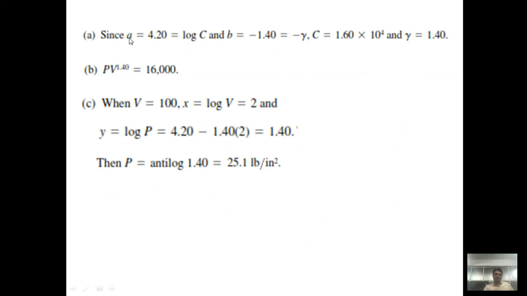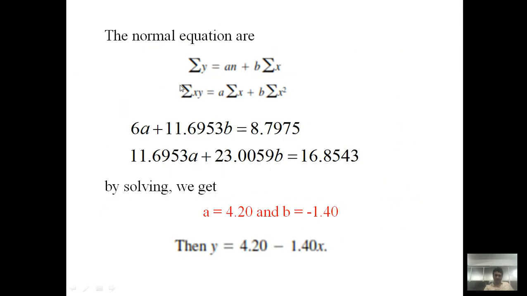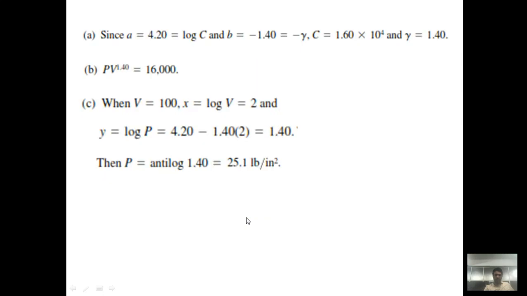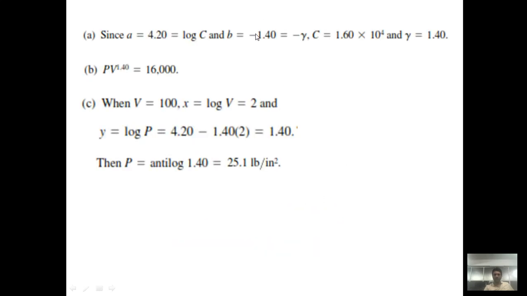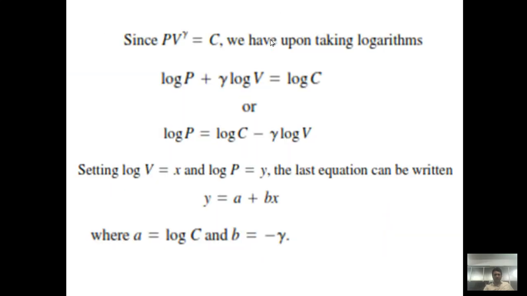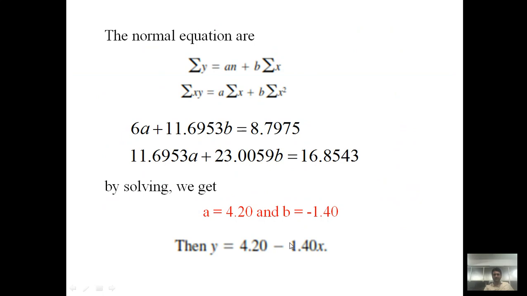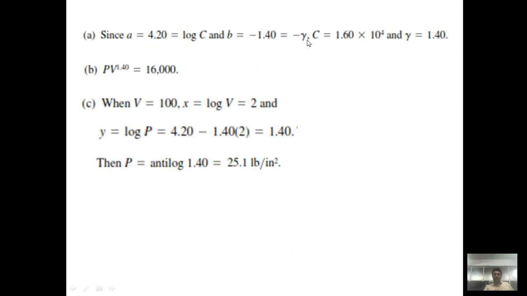So a is equal to 4.20, but small a is also log c, and b is equal to minus 1.40, but b is equal to negative of gamma. So by considering this fact, 4.20 is equal to log c.